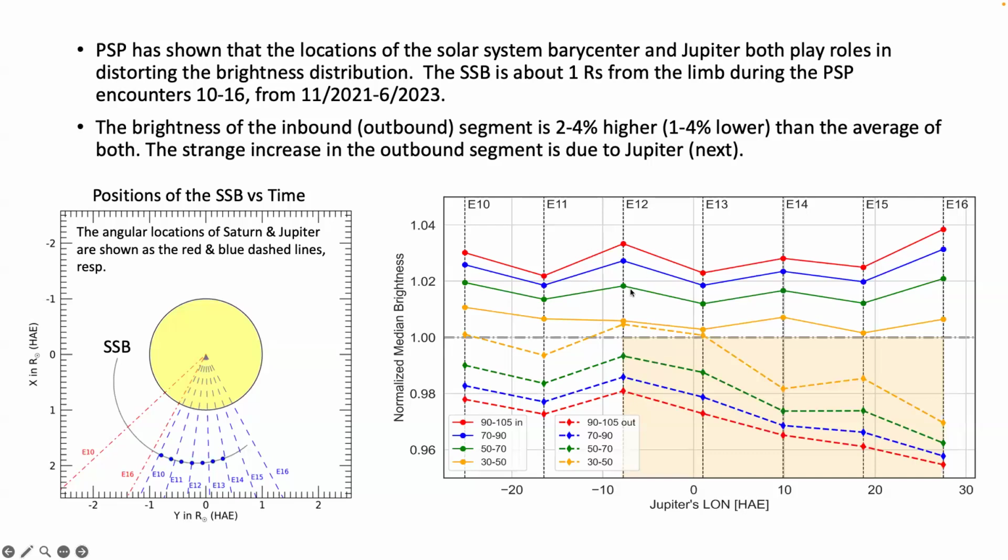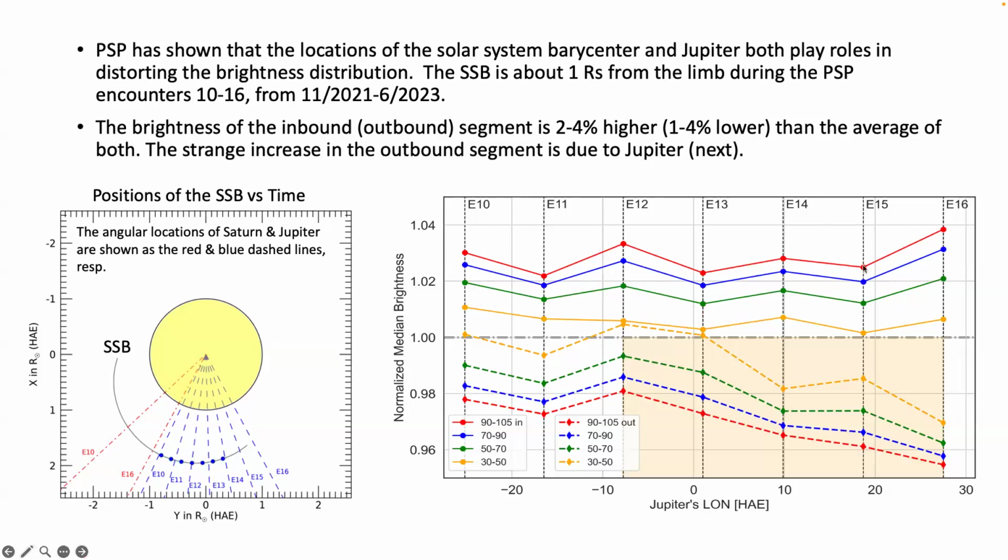This represents the asymmetry of the ratio of the average brightness of each radial bin as a function of elongation of the perihelion.